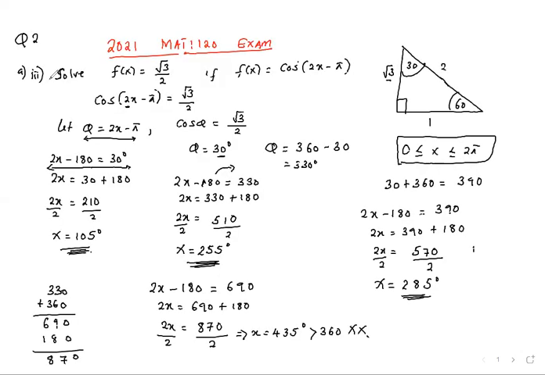B, part 1. Simplify. So before we go to B, I have a question. In an instance whereby you're not given an interval, then you're told to solve an equation, how many values can you give for x? You give those that are in the first 4 quadrants.